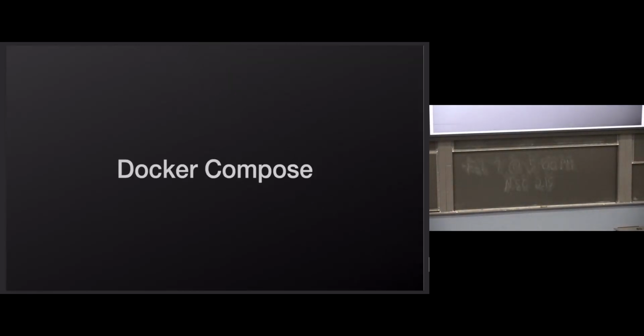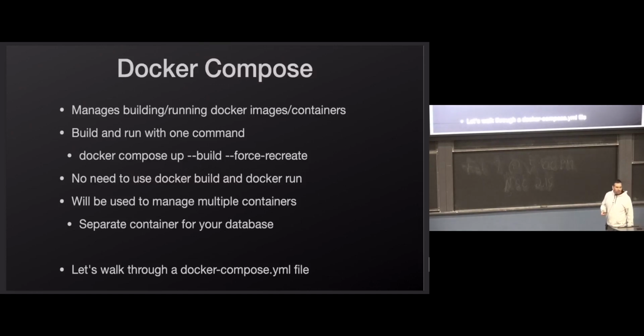Okay, now Docker Compose. Docker Compose is how we're actually going to run our apps. What Docker Compose does for us is a few things. One, it lets us run multiple containers. That's going to be very important starting next week. I think next week, Monday, when we start using a database.